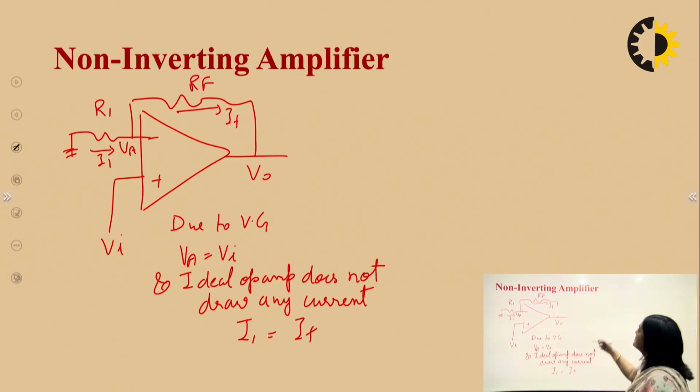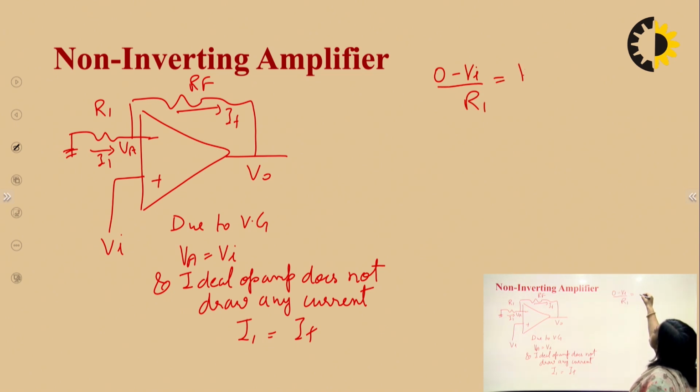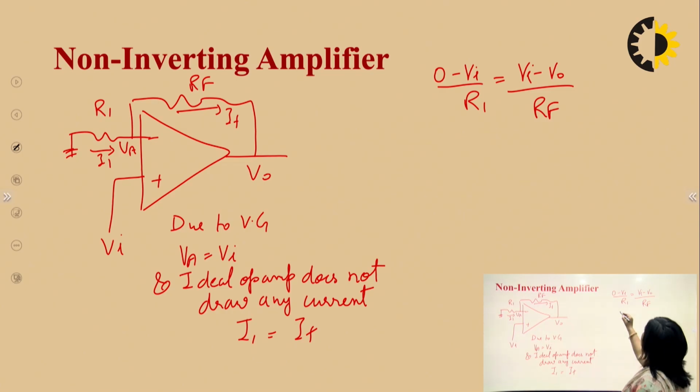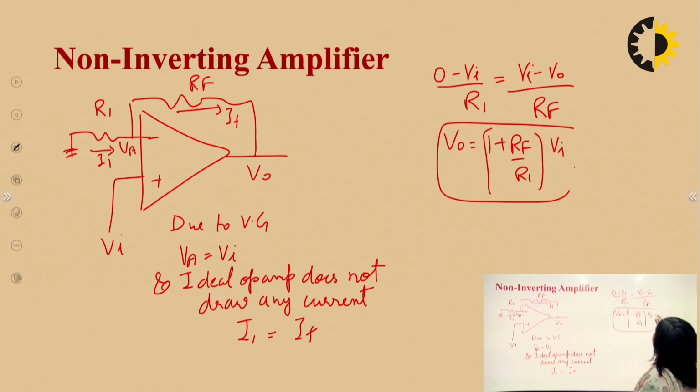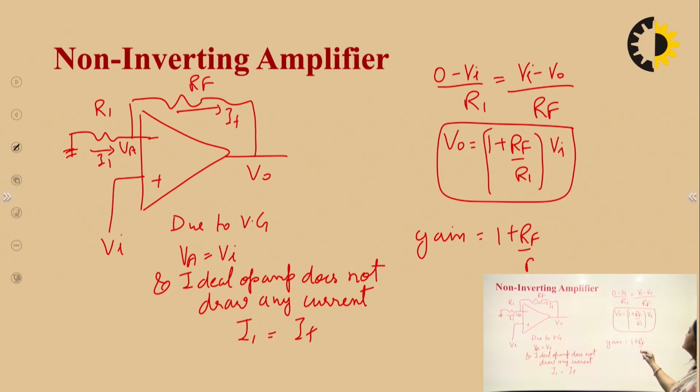Now the value of I1 would be equal to 0 minus Vi upon R1, and this will be Vi minus V0 upon Rf. So we can arrange the values and find V0 is equal to 1 plus Rf upon R1 multiplied by Vi. So here gain is equal to 1 plus Rf upon R1.